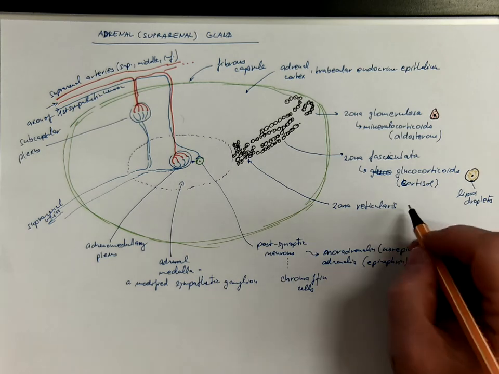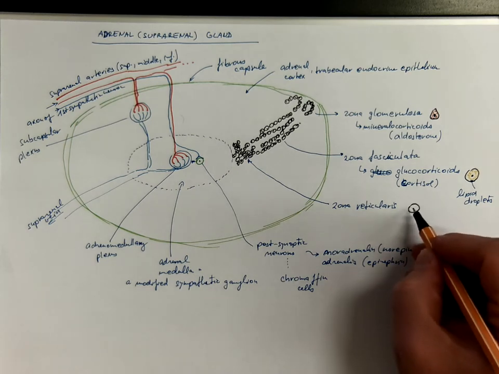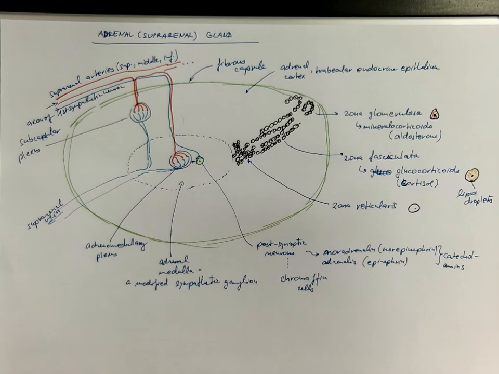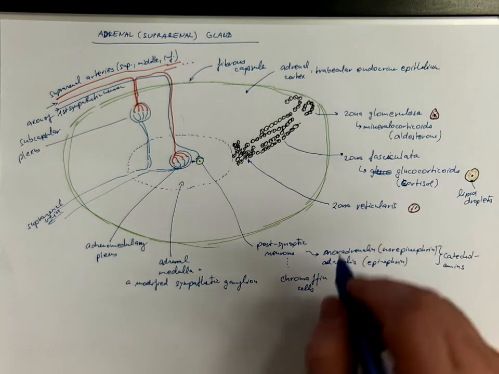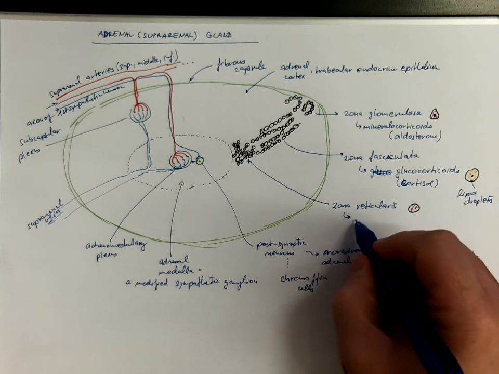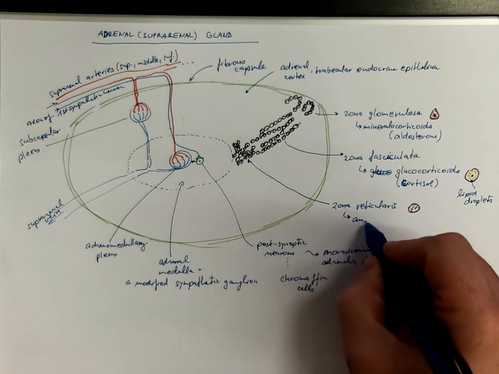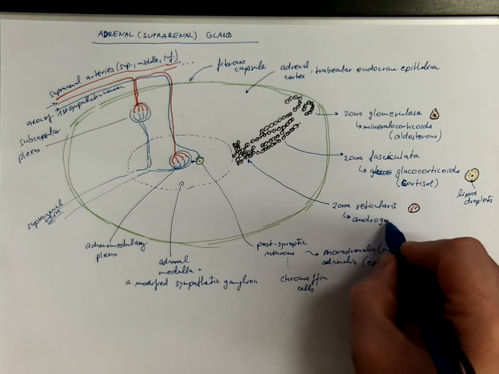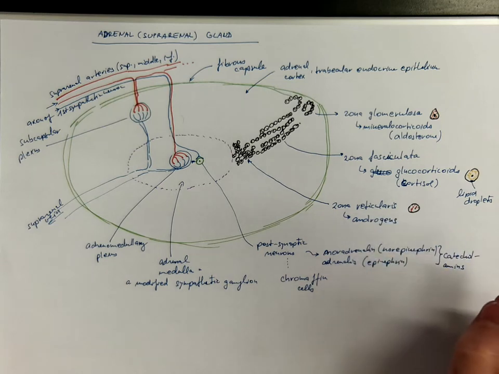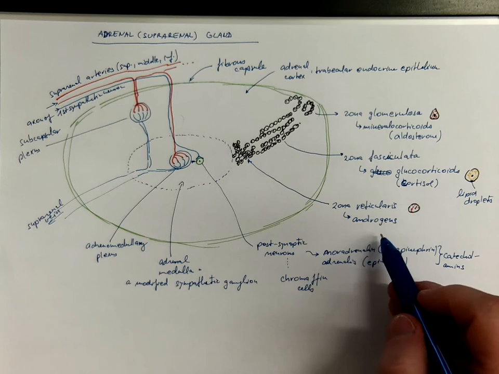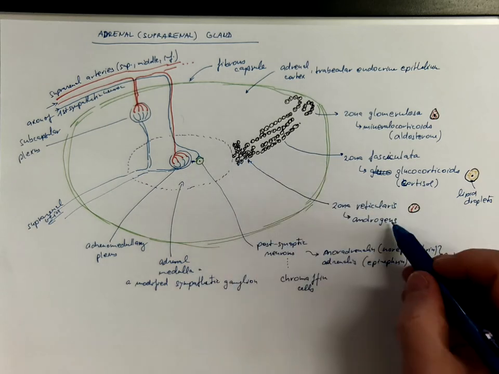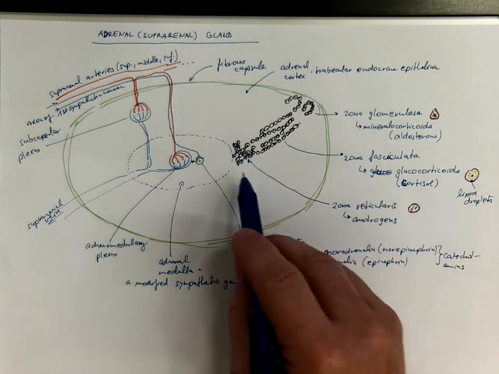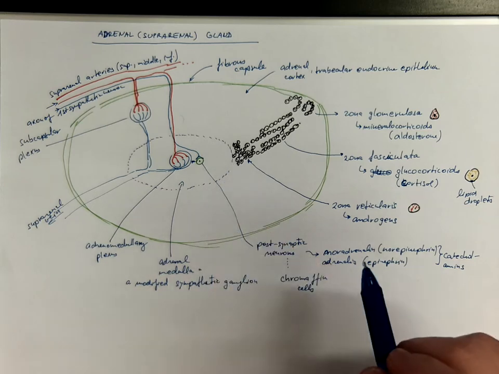The cells here are slightly eosinophilic, and this layer is producing androgens, which are male sex hormones, mainly the dihydroepiandrosterone. So even the female organism contains cells producing male sex hormones. Here they are.